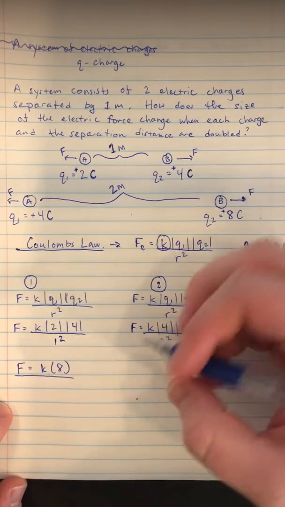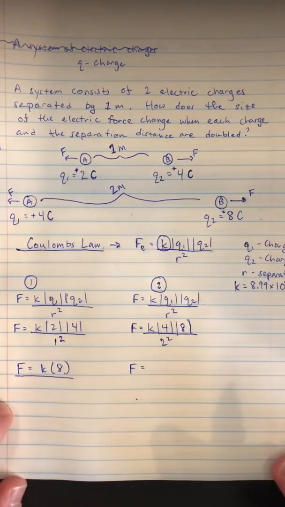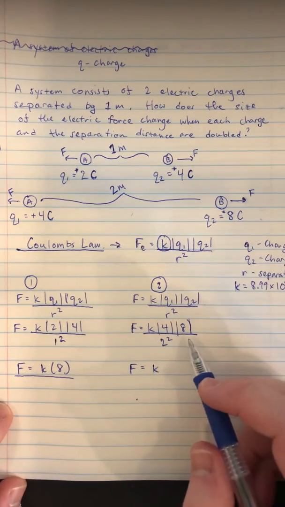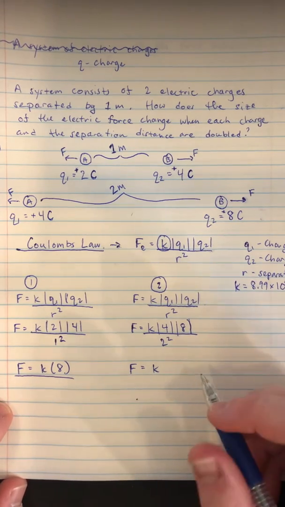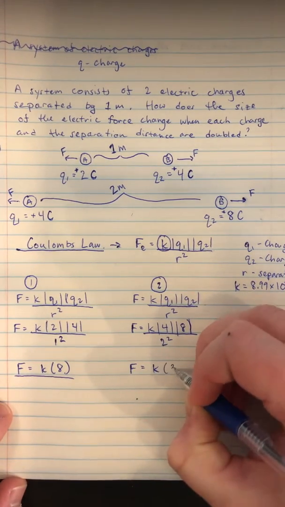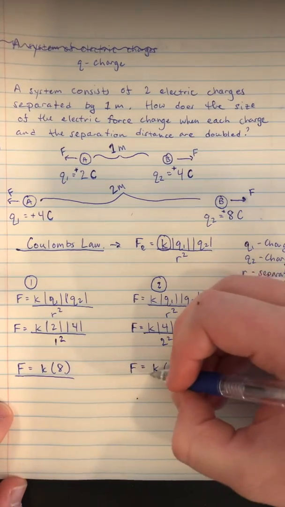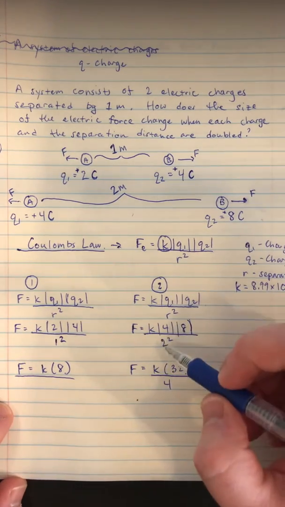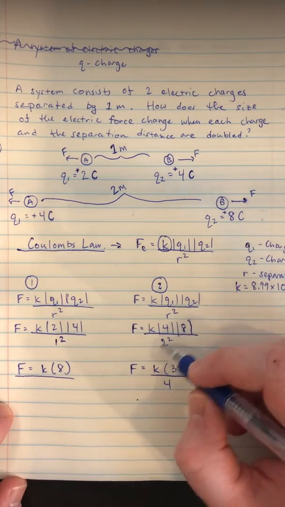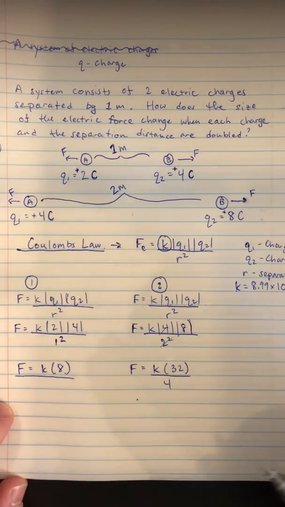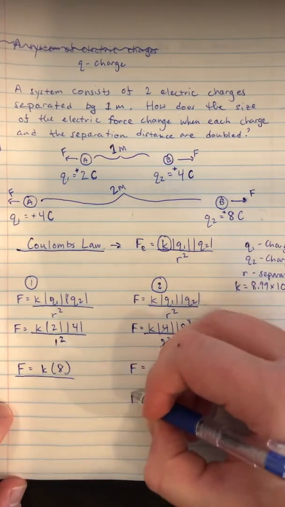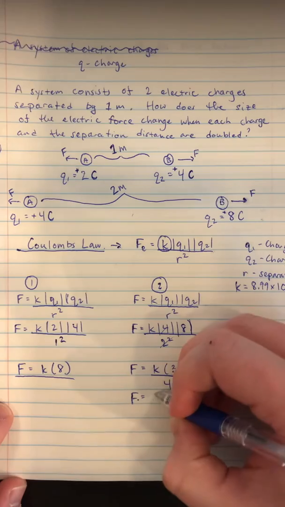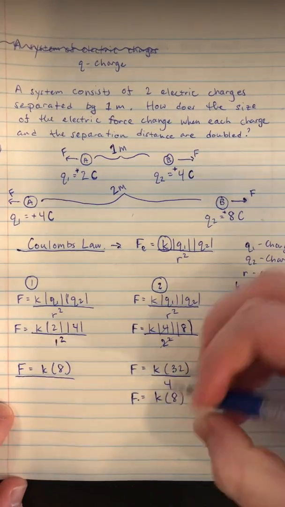So that'll give us K times 4 times 8 is 32, I hope, divided by 4. And actually, we could have done this easier, right? 2 squared is 4. If we have a 4 on the top and a 4 on the bottom, we could have just canceled it there. I'm not paying attention. But whatever, we did it already. So F equals 32 divided by 4 will give us K times 8.